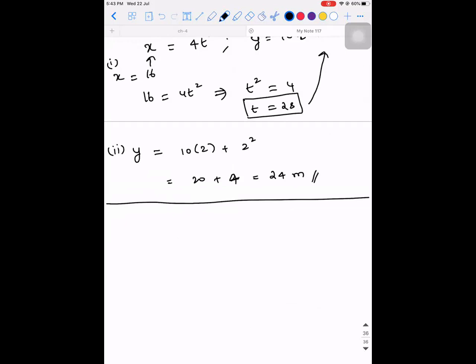Now, what is the last part of the question? Check the notes which I've sent. Check the PDF. Speed of the particle at 2 seconds.